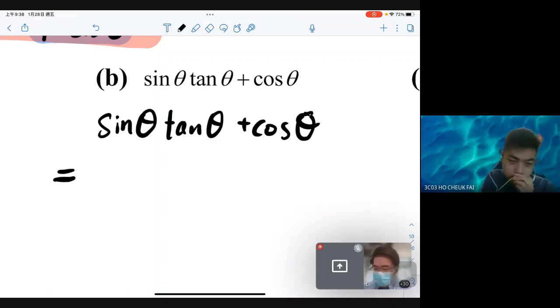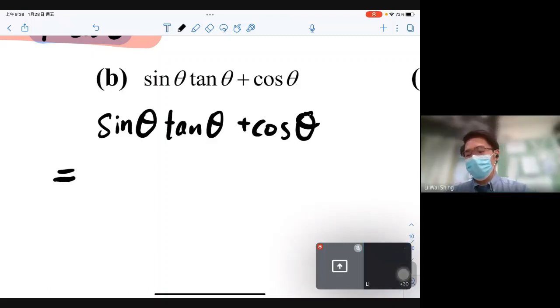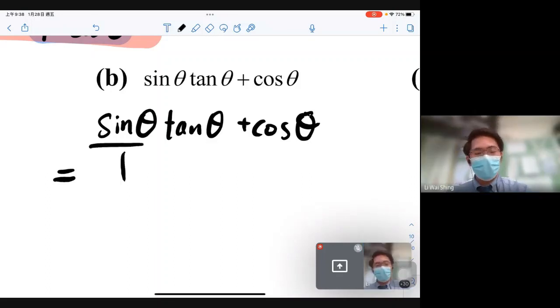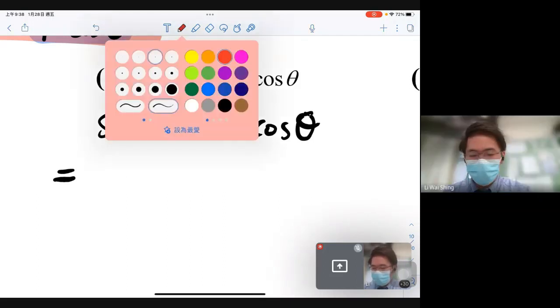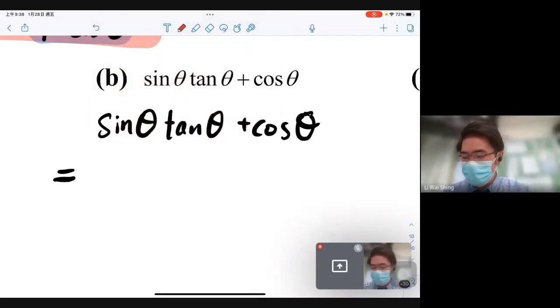Change to a fraction first. Which one will you change into a fraction? Sine, cosine, or tangent?